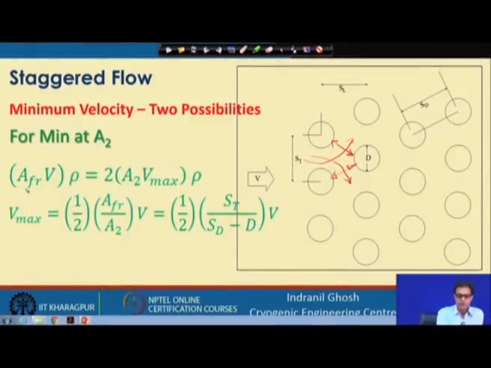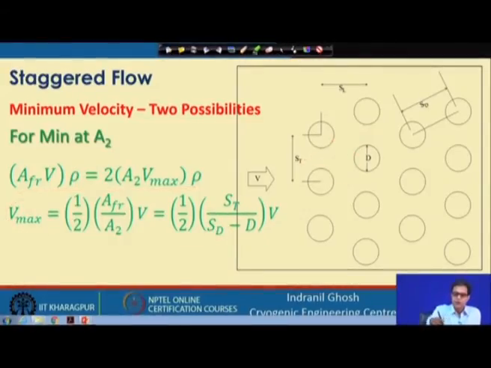If we write the same equation, we now have V max equal to half of the frontal area divided by A2, where A2 is this particular area, and this is related to SD, which you will be able to relate to SL and ST. So, we have V max equals half of ST by SD minus D into V.